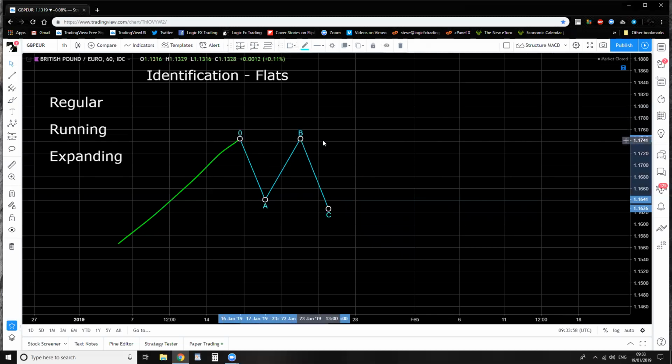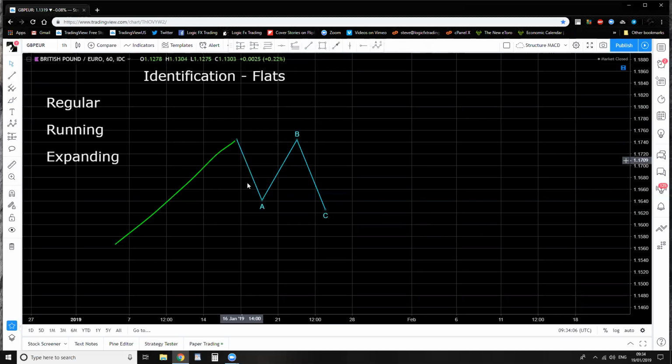Sometimes they come exactly, but a lot of the time they'll go slightly beyond or slightly below, but they'll come into the area of the start of A. B will come into the area of the start of A, and then you'll get a C, which should come down and break A. In other words, it should come down below the area of A. It can really extend, but when we're just looking at the theory, we'll just bring it below A.